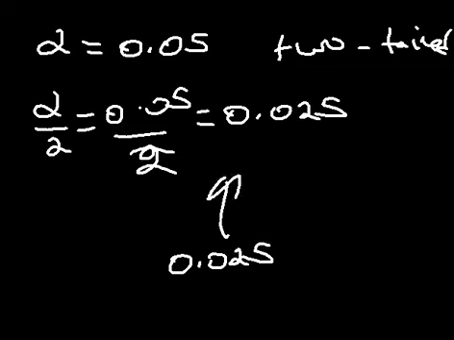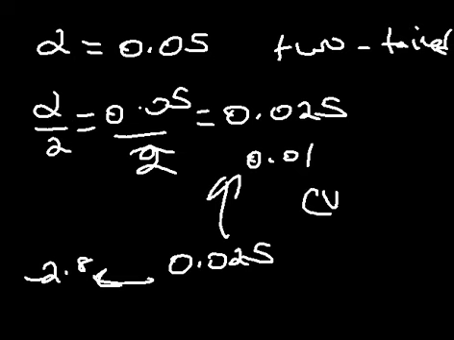And what is the value up here? That is given as 0.01. And what is the value there? That is given as negative 2.8. So what is the critical value? Since it is two-tailed, the critical value is equal to plus or minus 2.81. That is the critical value.